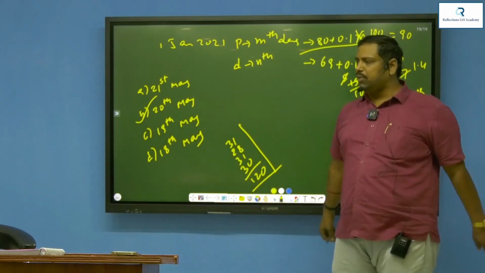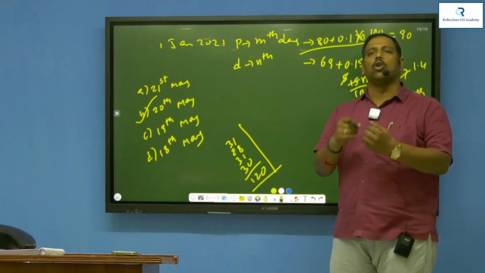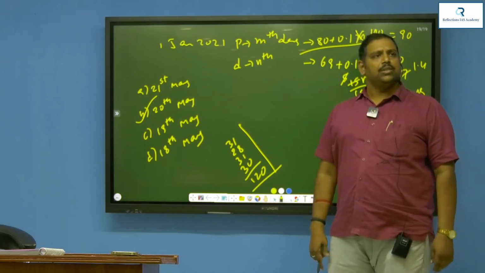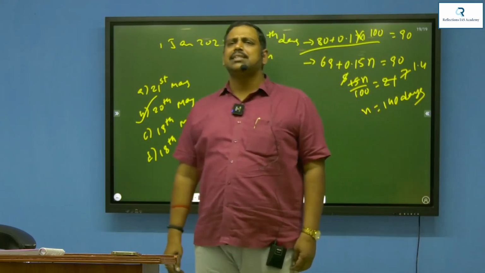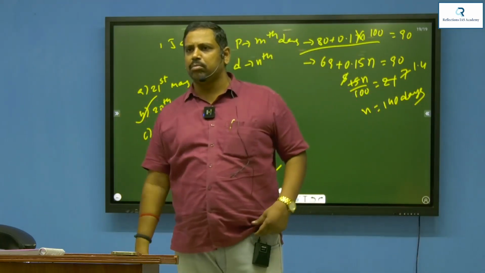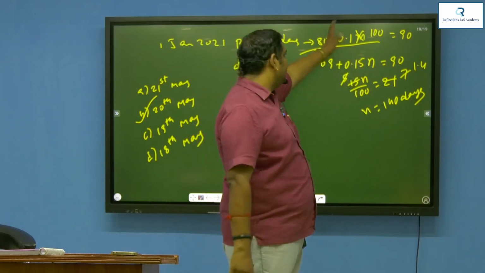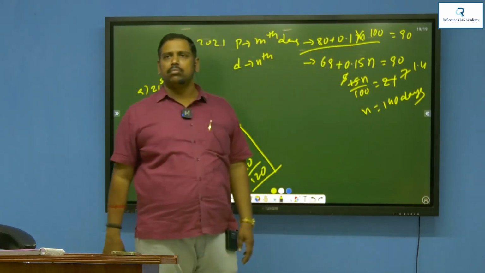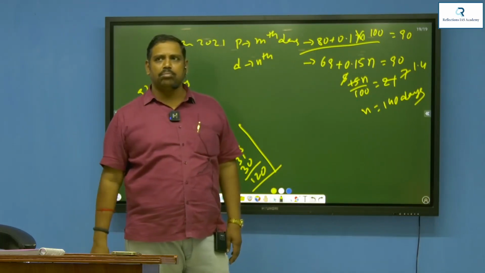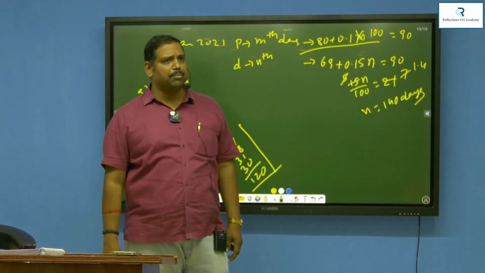So once you understand this, I'll explain one more point. He said that the petrol price is fixed after 100 days. Yes or no? Suppose he has not given that. Like the diesel price, he said that the petrol price is also equal to 80 plus 0.1 m for any value of m. For any value of m. Do you understand my point?